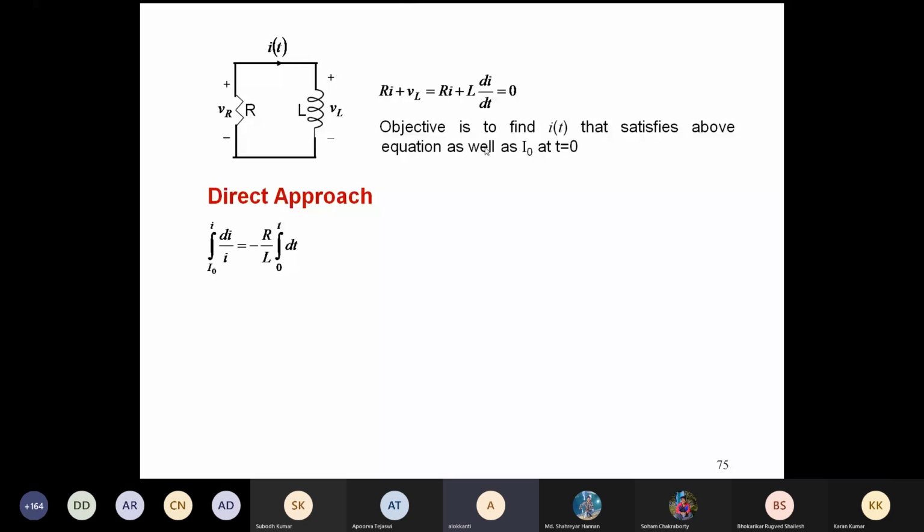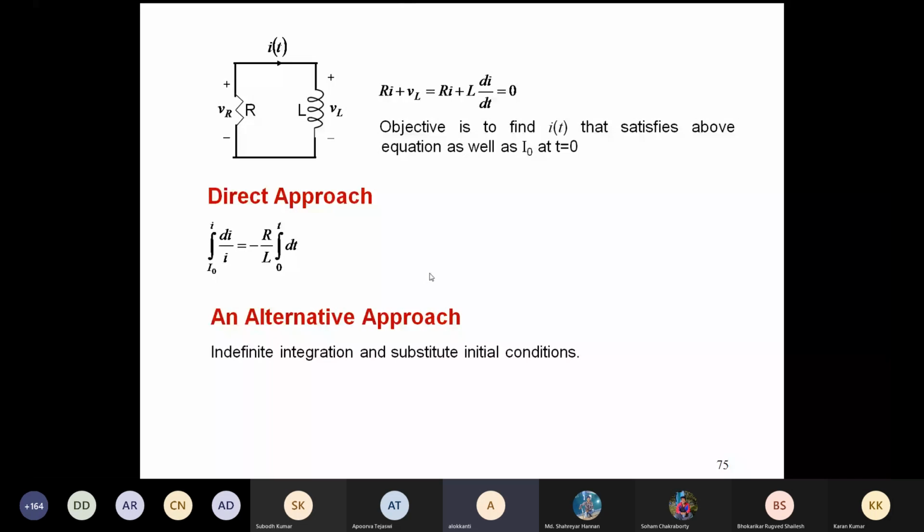Then you do the integration from I naught to I, that is, at t equal to 0 the value was I naught, up to some arbitrary I. What type of solution will this approach give? It will be in exponential form, I naught e to the power of something. Another way is to do the indefinite integration and substitute the initial conditions.